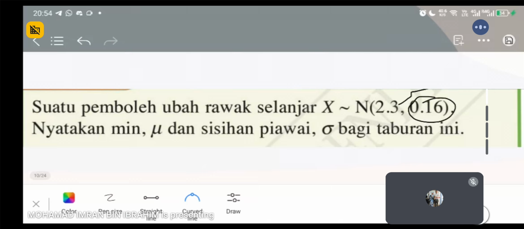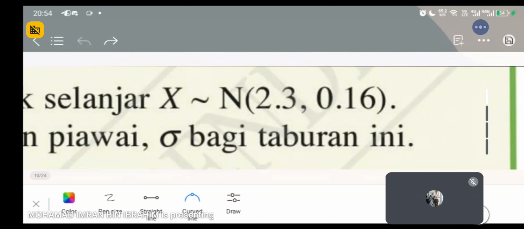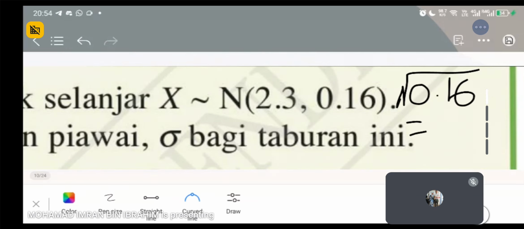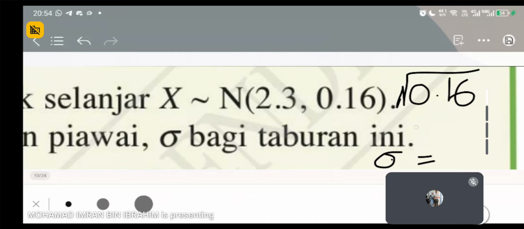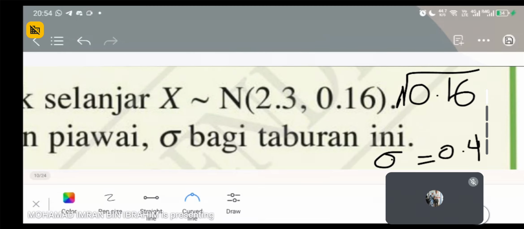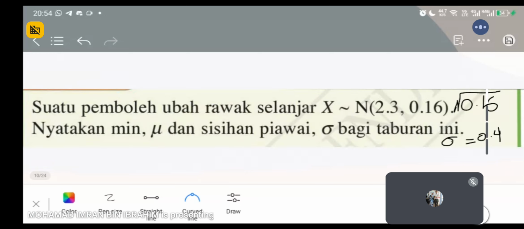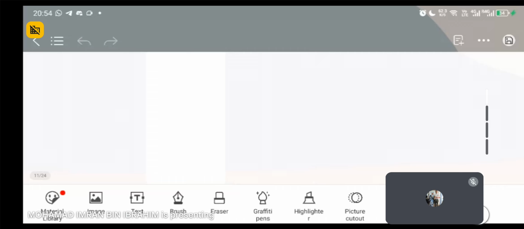This is actually your variance, so the variance is 0.16 and the square root is 0.4. Time is also limited right now. You guys understand that, and we just move on to the next one.